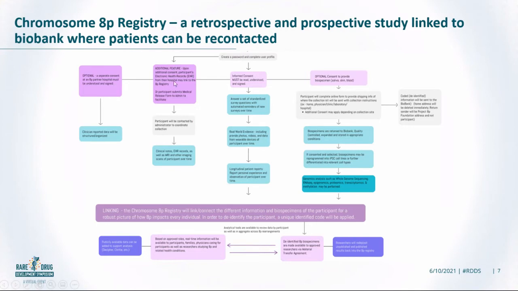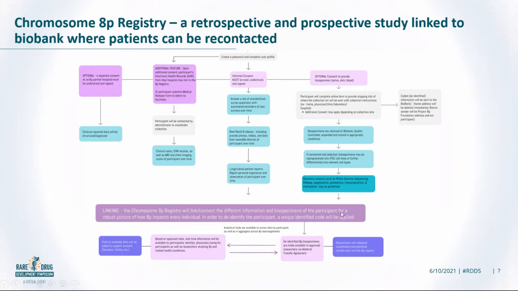And so we make sure that we have all of that covered in the way that we designed the study. On the left, there is an additional feature to link to electronic health records. And each participant can decide to opt in, opt out, and what they want to share. Also on the left of the screen, as we think about having multidisciplinary clinical care, how can those clinics report back what they've observed that may not be in the EMR back into the study?